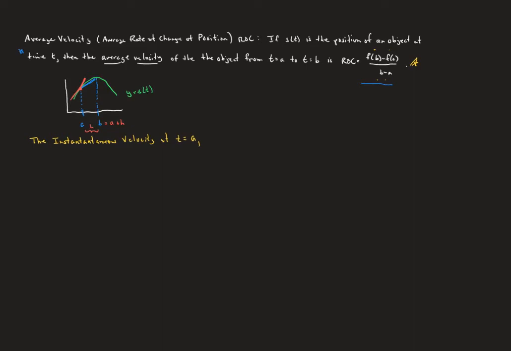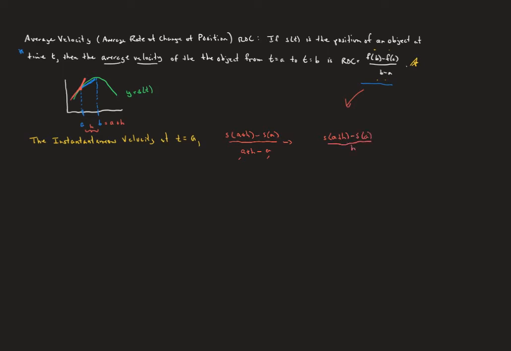And so our average velocity is going to be s of a plus h, minus s of a, and in the denominator, we're going to have a plus h minus a. So the a's cancel, and it looks like s of a plus h minus s of a all over h.